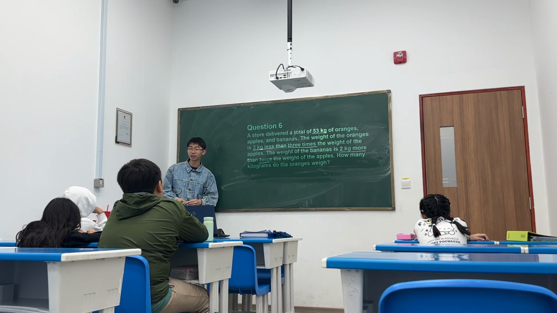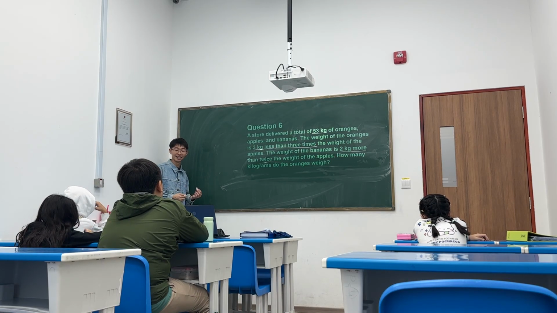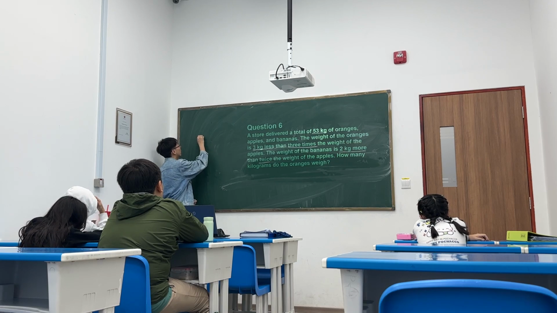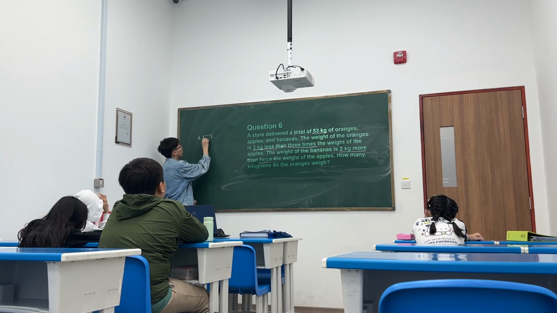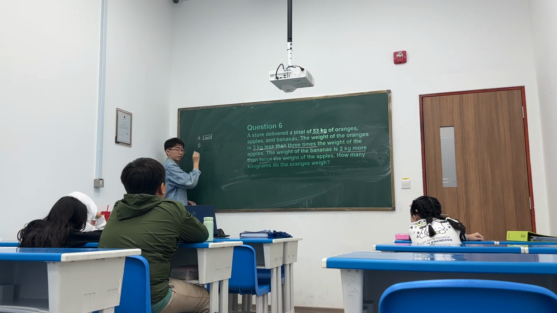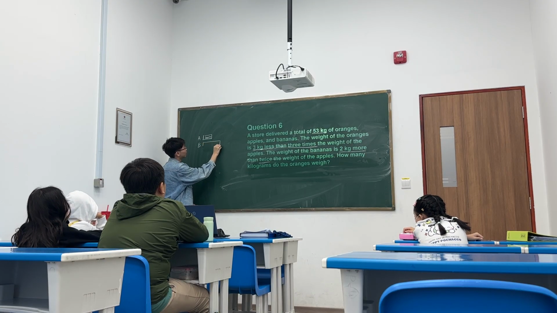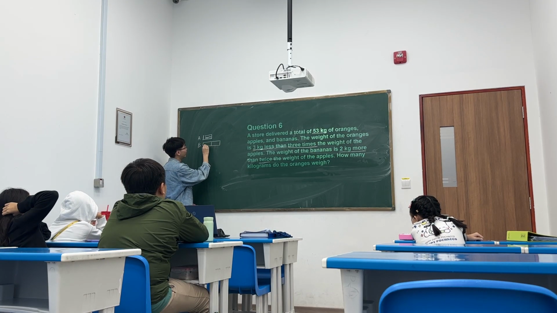Apples also. So we should start from drawing apples because apple is less. Now, let me draw a bar for apples. For this apple you have 1 unit. Then, how many units will the bananas have? 2 units. Is that all?